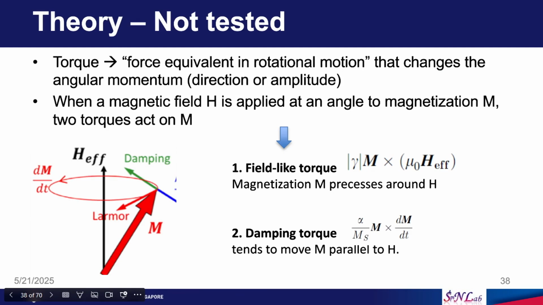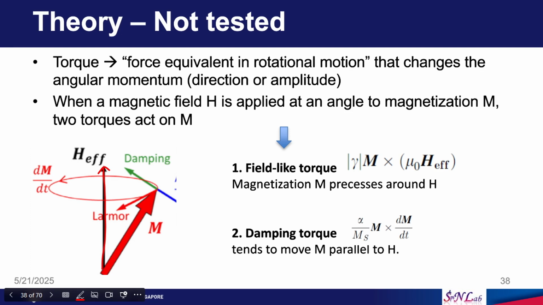Let us say you have a magnetization, shown by this red arrow, and you apply some magnetic field. Okay, so, this is what we normally do, right. We take a magnetic material with certain magnetization. When we do a hysteresis loop, this is what we do.